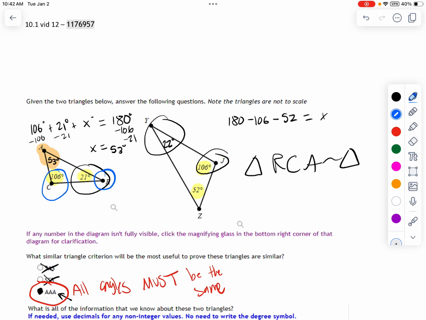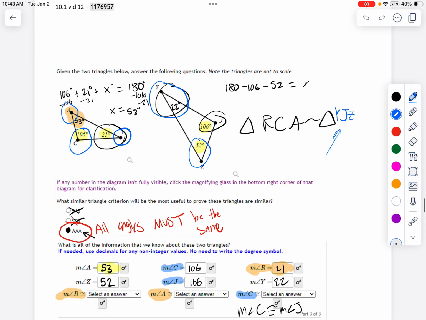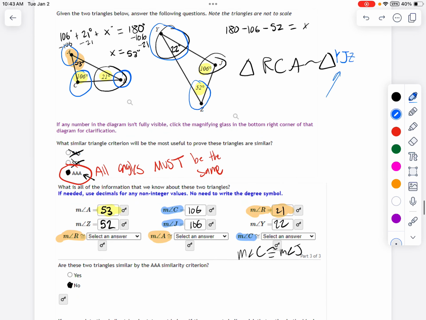So in this case, that would be angle Y to angle J, and then it goes to A, which is the last one, which would be Z in our other triangle. If they were similar, that would be your similarity statement. But because they're not similar, you won't have to worry about writing that. But if they were, that's what it would be. Alrighty, that is all there is. Thank you for watching.